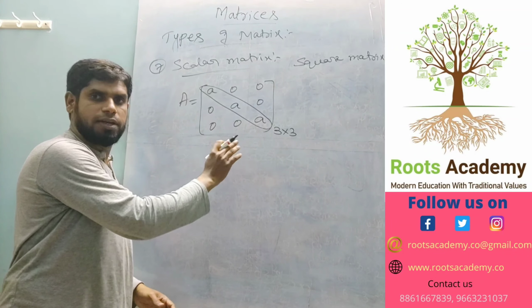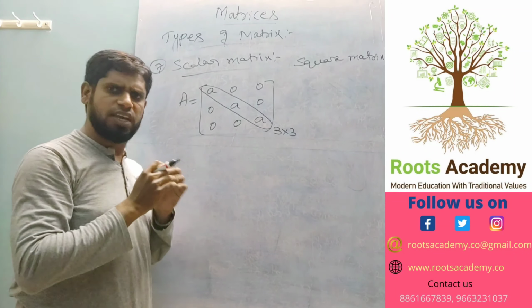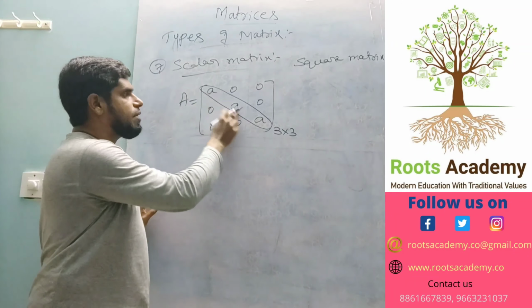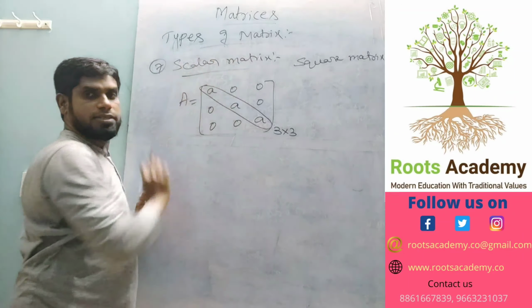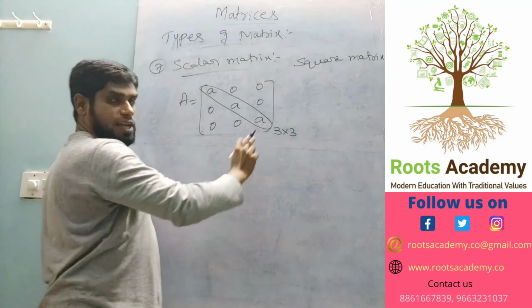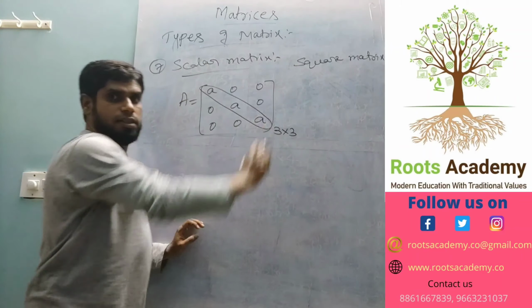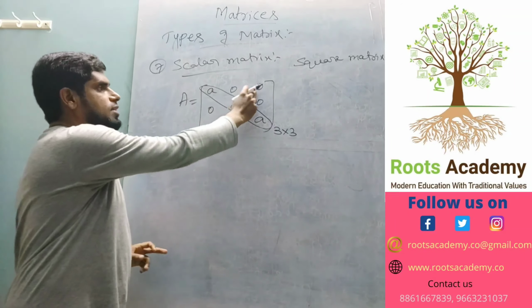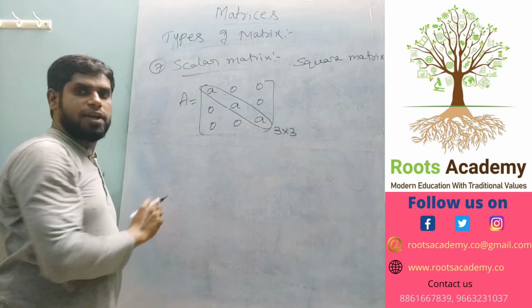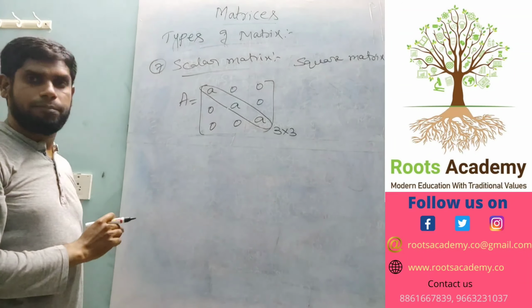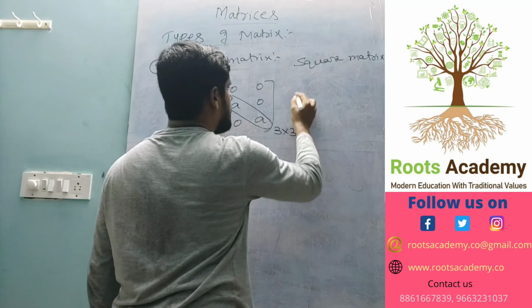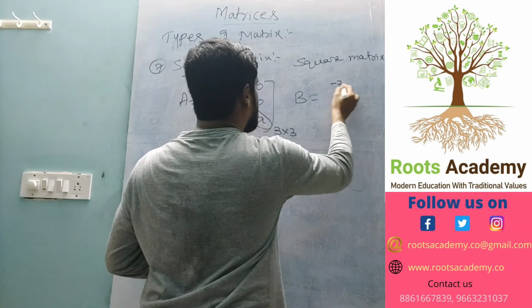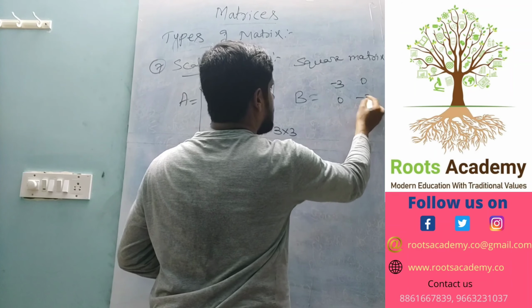It can be anything: 1, 2, 3, minus any number, but all three numbers must be the same. If any number is different, then it is not a scalar matrix. It must be a square matrix, the principal diagonal elements must be equal, and other elements are 0. This kind of matrix is called a scalar matrix. In 2 cross 2, for example, if I take any number, minus 3, 0, 0, minus 3.